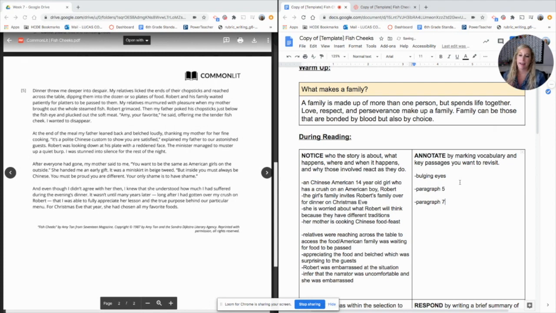So we see that after everyone left, her mother came up to her and was discussing the evening with her. And she even gave her a gift. And she acknowledged that she noticed that she wanted to be American on the outside, but how important it was to remain true to her culture and her beliefs on the inside. And we're actually going to look at this quote, "Your only shame is to have shame," in our next lesson.